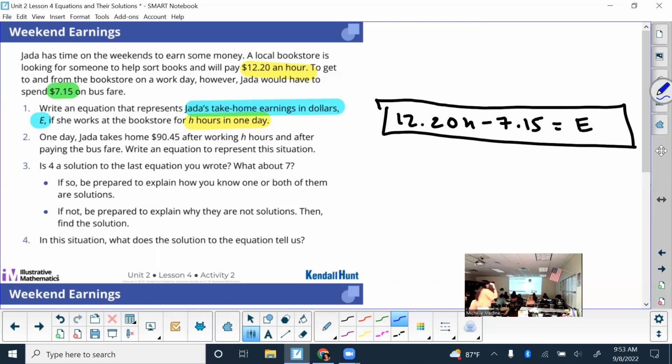All right, so what is the equation that represents that? I should see plenty of hands. You have 3 minds, some of you just 2 minds in your group.